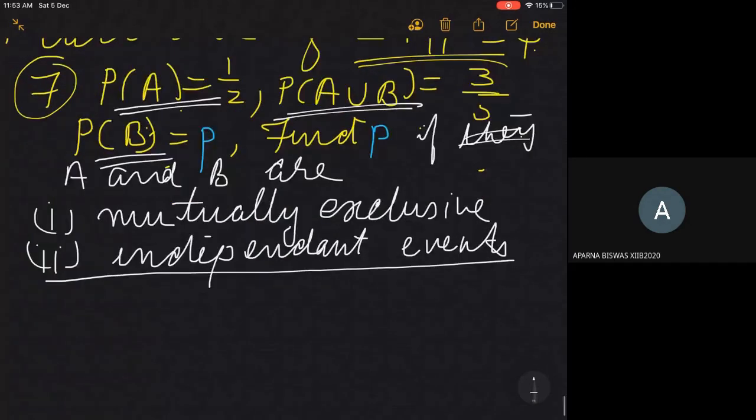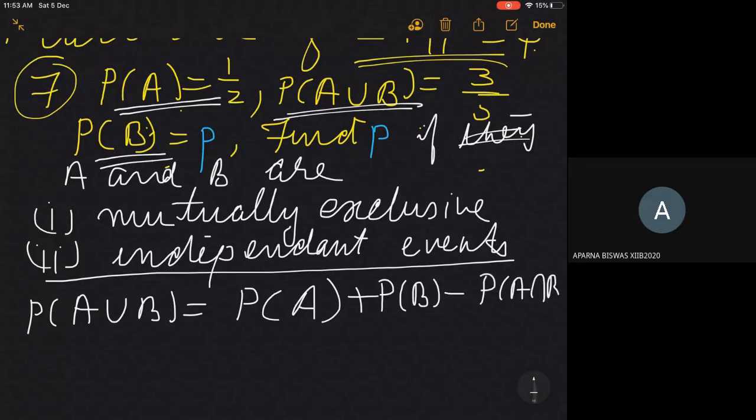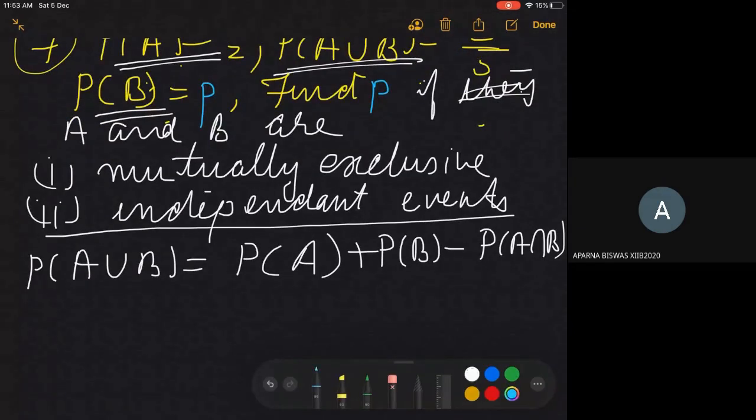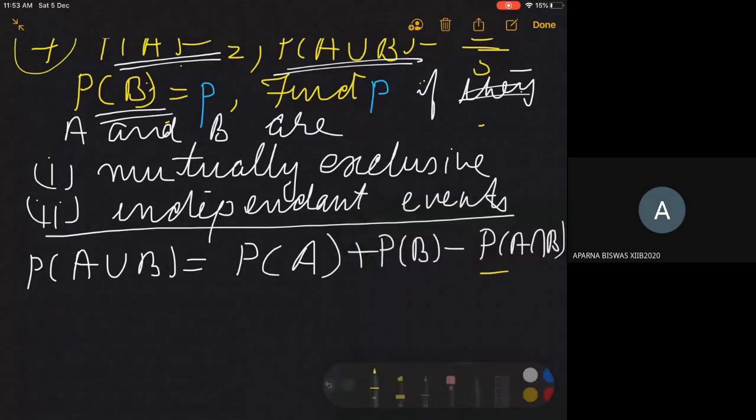P of A union B equal to, we have the formula of addition theorem, P of A plus P of B minus P of A intersection B. Now the role comes in the part of A intersection B. For mutually exclusive events, this A intersection B becomes phi, and for independent events, P of A intersection B becomes P of A into P of B.